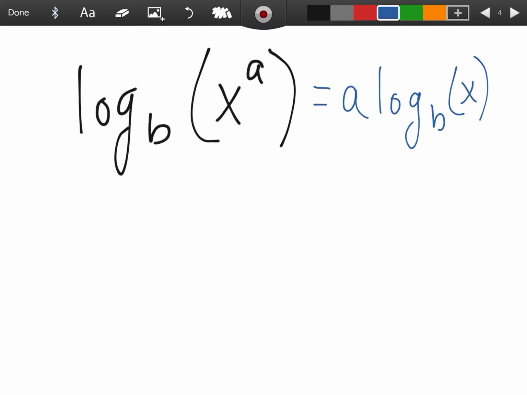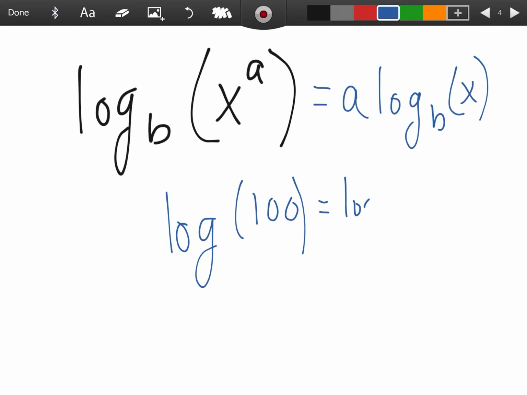Let's see an example of this. Let's say that we have, let's do the common log of 100. Well, I know that 100 is 10 squared, so let me write this as log of 10 squared. I could write that out in front and say that's going to be equal to 2 times the log of 10.